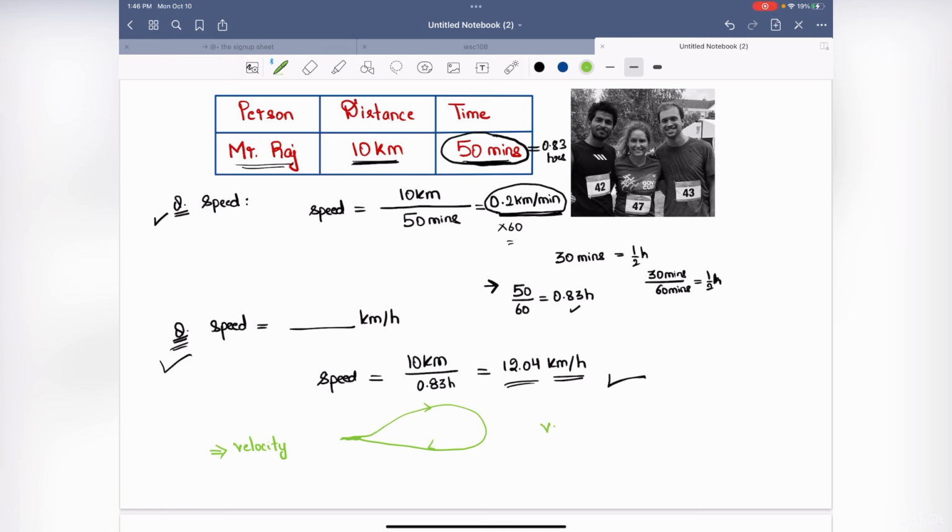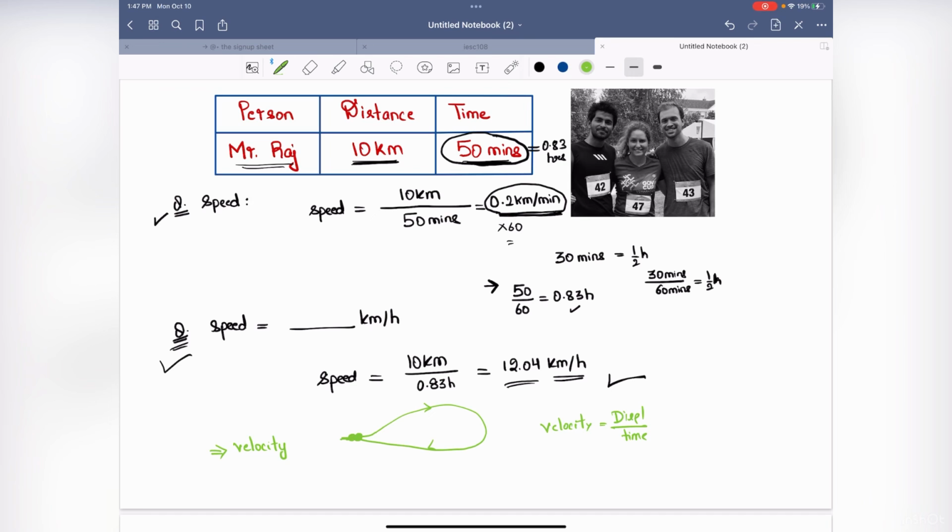Remember, velocity is what? Velocity is displacement divided by time. And if you come back to the same spot, if your initial position and your final position are at the same place, your displacement is just 0 because there is no gap between the initial point and the final point.